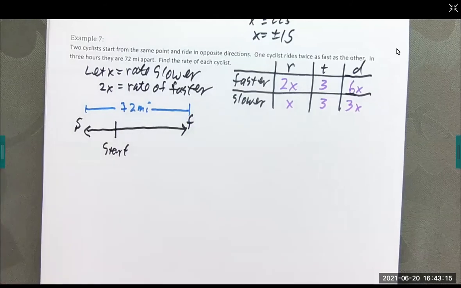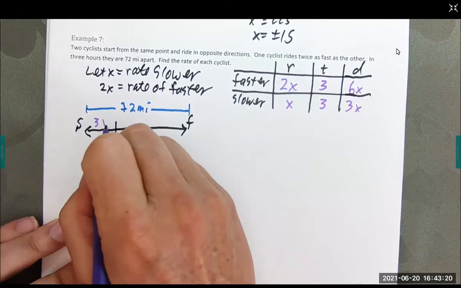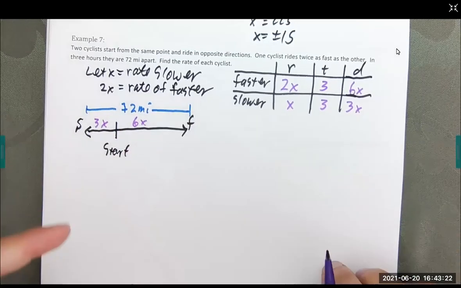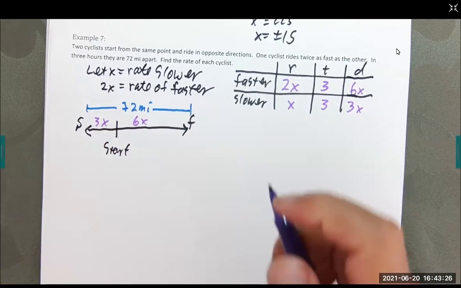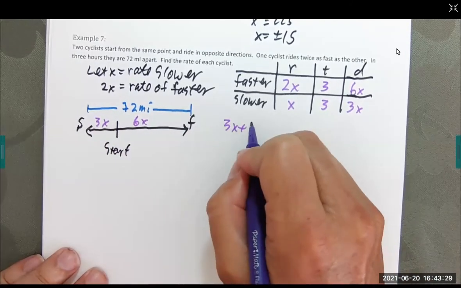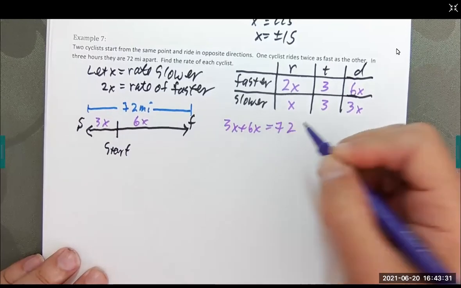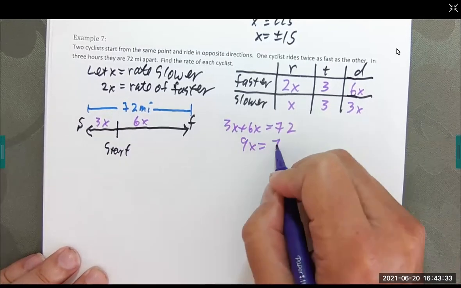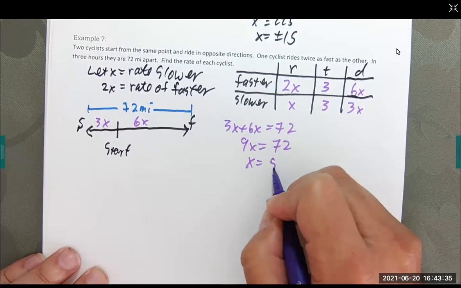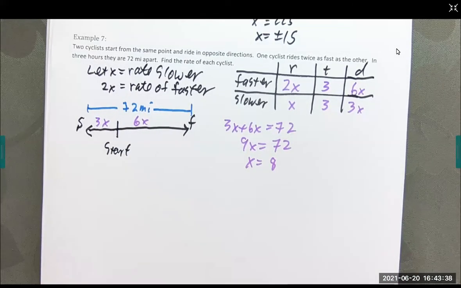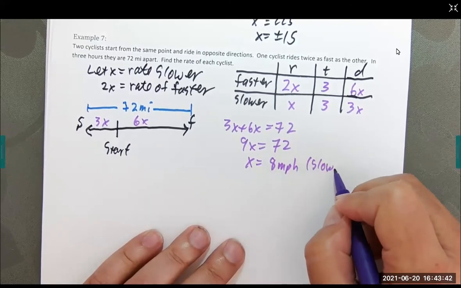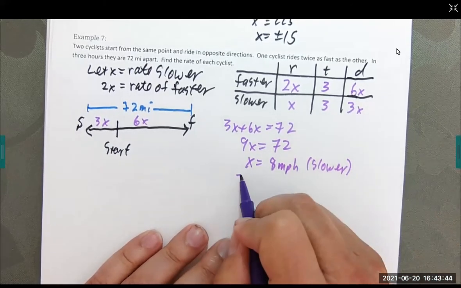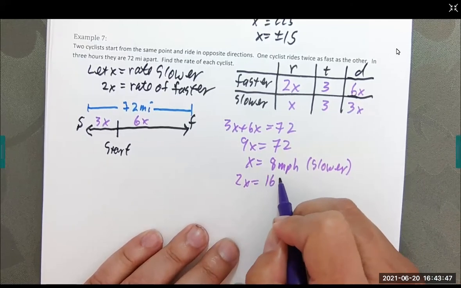Which means when I take their two distances, 3x and 6x, if I add up 3x plus 6x, that should give me the 72. So this is the slower. Which means 2x is going to be 16 miles per hour.